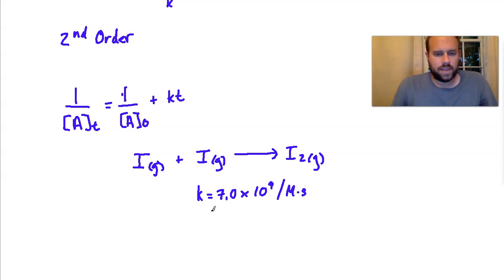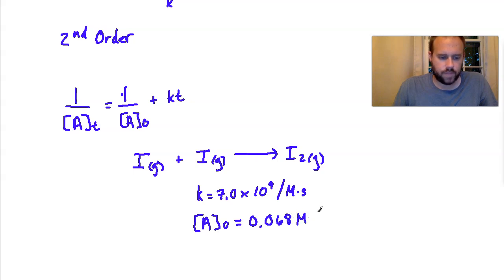So if the initial concentration of the iodine gas is going to be equal to 0.068 molarity, how much I gas will be left after 3.5 minutes?